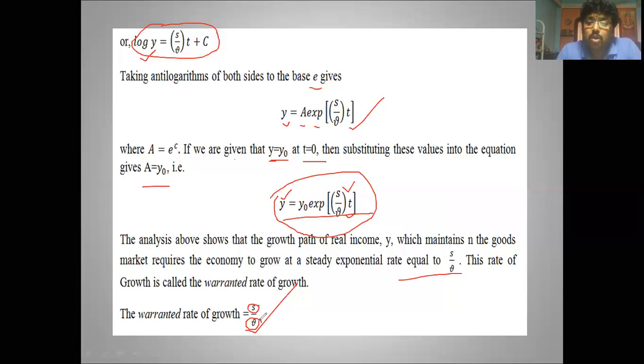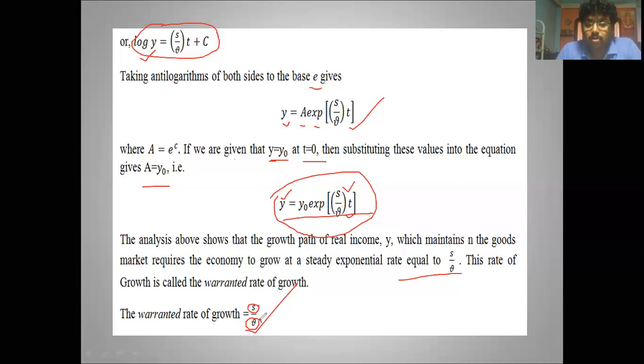On this basis, after some calculations and conclusion steps, ultimately we find that the economy should grow at an exponential rate that requires a constant marginal propensity to save and capital output ratio, the ratio between the marginal propensity to save and the capital output ratio, to maintain equilibrium in the goods market.